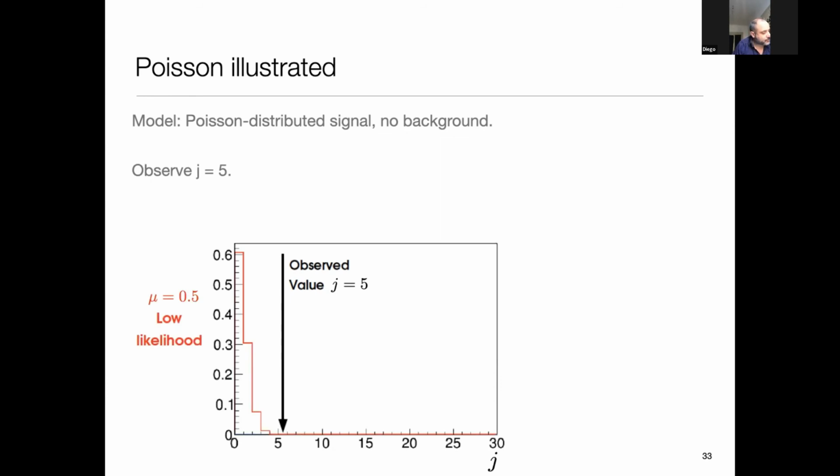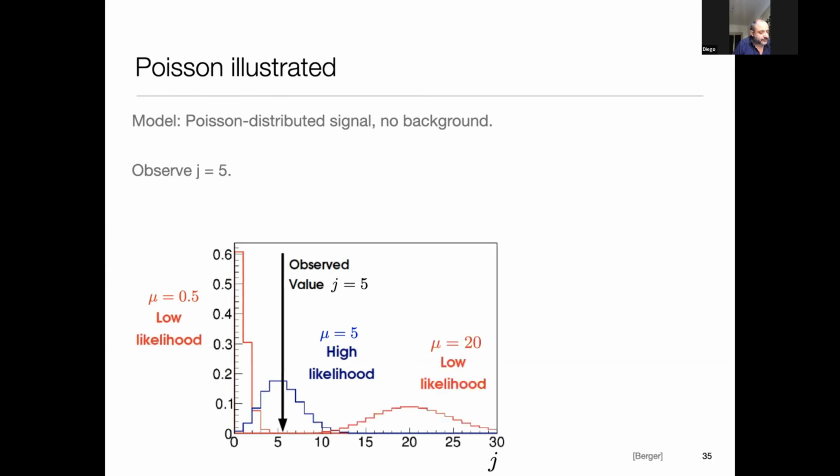I get a very small likelihood, you see here in the picture. What is the likelihood if I try mu equal 5? It's much better, right? It's pretty high. What is the likelihood if I try mu equal 20? It's again low. So I've crossed my maximum most probably.